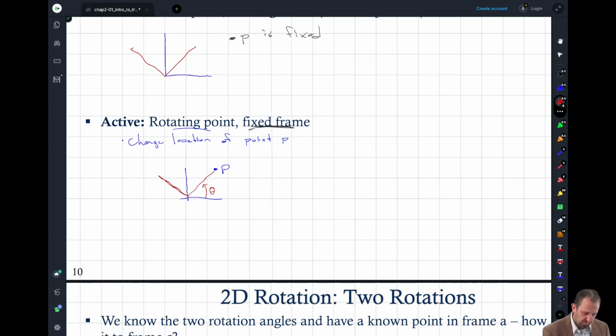If we want to move P by a different angle, right? So say we wanted to move it to be down here, then we can define a rotation matrix that'll move that point down. So now these are actually two different points.